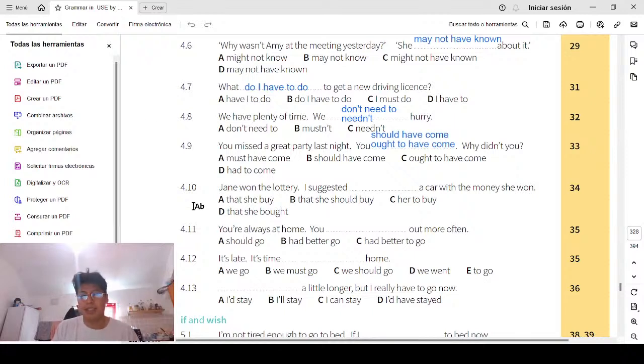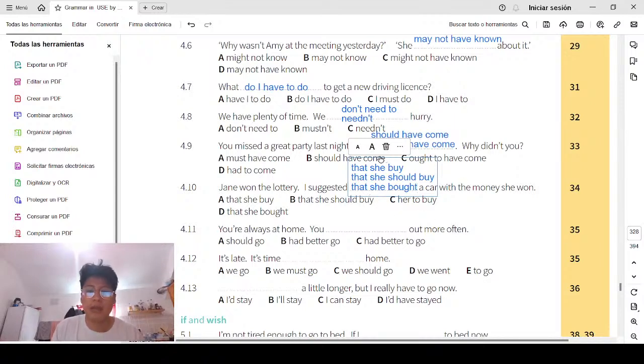Okay, that sentence is crazy. So the answer is "that she buy," the next one is "that she should buy," and the last one is "that she bought."